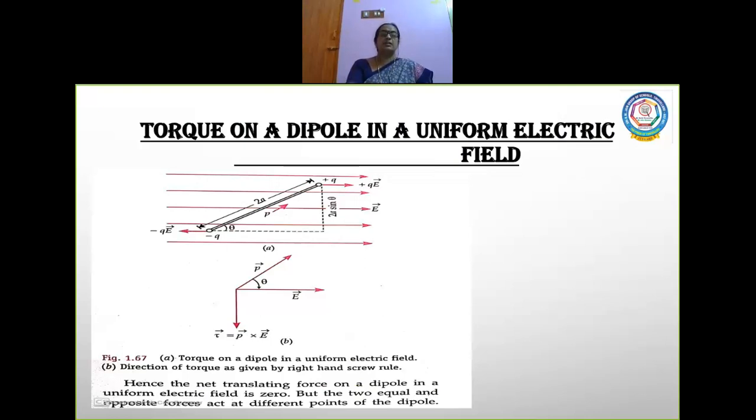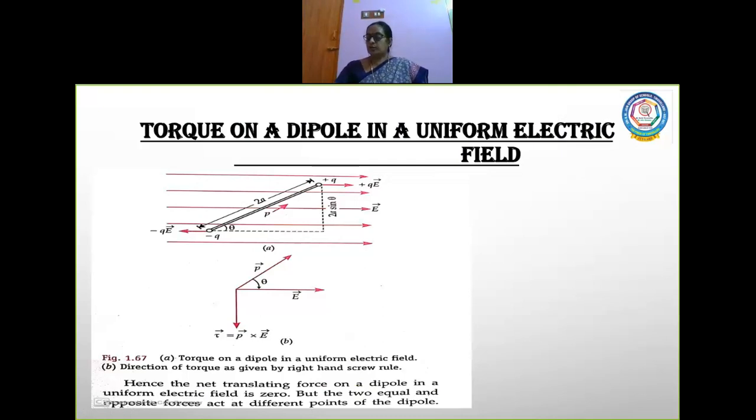Now yesterday we were also learning the formula for dipole moment. P is equal to q into 2a. Hope you remember the formula, children. Now what happens when you keep a dipole in an electric field? Now when you keep an electric dipole in an electric field, this charge minus q will experience a force.